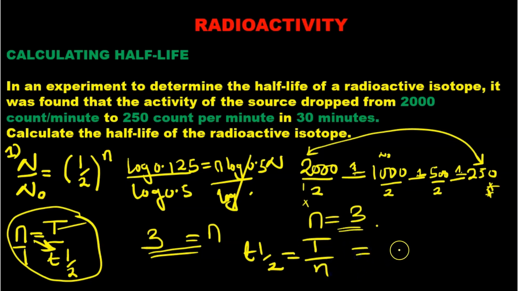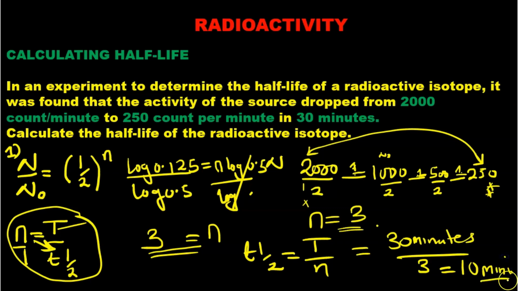Therefore, finding half-life, the time elapsed was 30 minutes, divided by the number of half-lives, which is 3. So therefore, the half-life, if you divide 30 minutes by 3, you are going to find that it is 10 minutes. So the half-life here was 10 minutes.